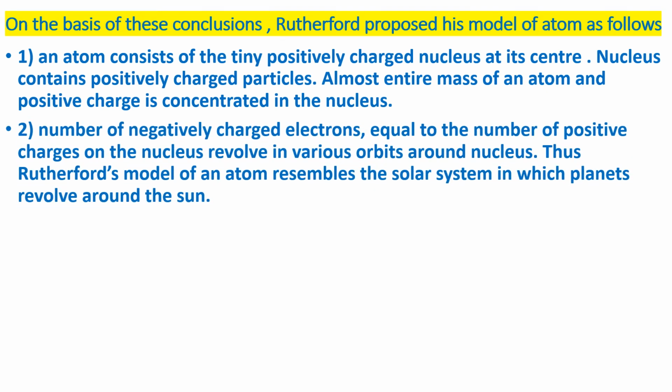Second point, he says the number of negatively charged electrons, equal to the number of positive charges on the nucleus, are revolving in various orbits around the nucleus. Thus, Rutherford's model of an atom resembles the solar system in which planets revolve around the sun.